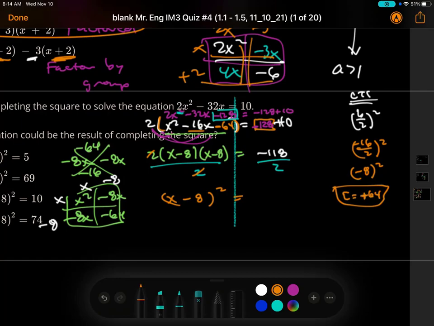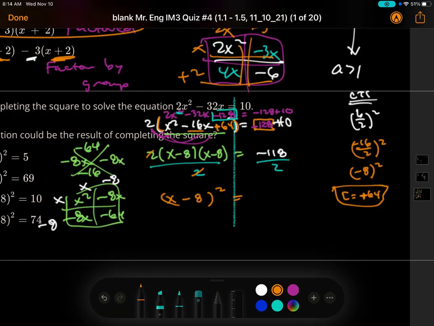Oh, I see a mistake. Plus 64. So it'll be 128. This would be a negative. So this would be positive. So this should be positive, so 138 divided by 2 is 69.